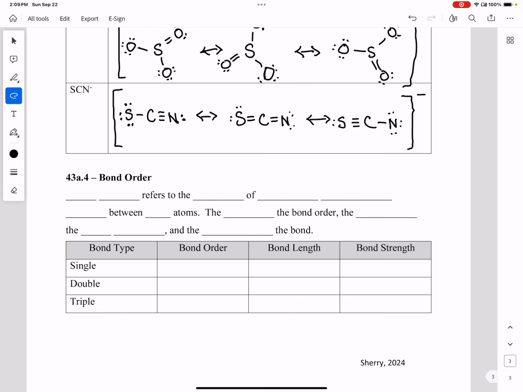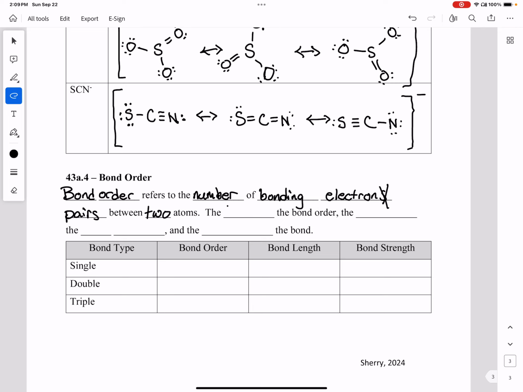Okay, so the last concept is bond order, and that is fairly simple. So bond order refers to the number of bonding electron pairs. I shouldn't have drawn that S. So it's the number of bonding pairs between two atoms.